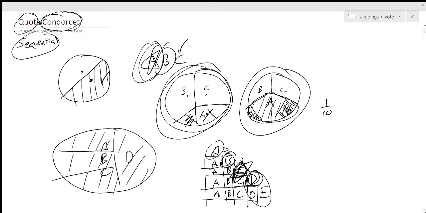So say this person, they scratch out their preference for D, but if they preferred A and B, and the race is between A and B, then choosing C doesn't affect their result. That would be like this section here. So just to bring it into a broader context, it's only the people that preferred the winning candidate over the other candidates, only their vote is affected by that candidate winning.